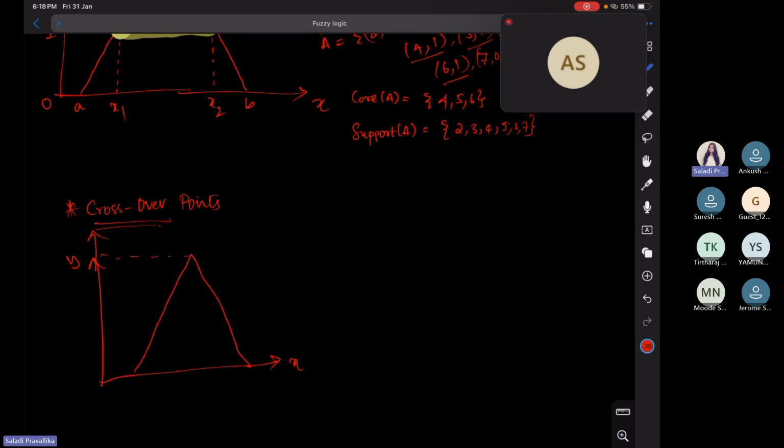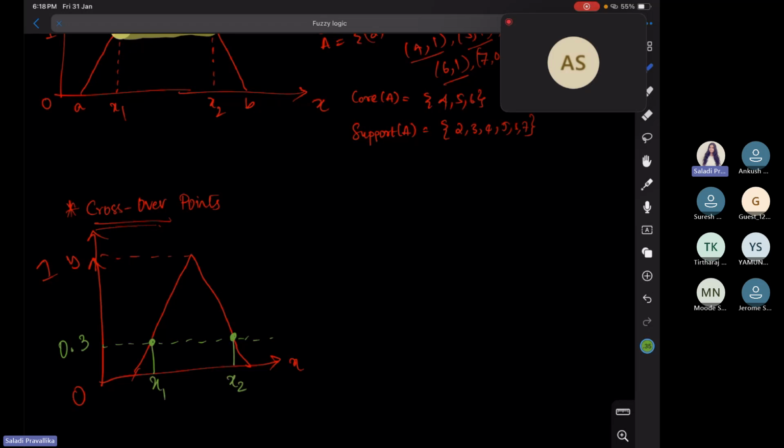The highest peak point is equal to 1, and the lowest is equal to 0. Let us say I want a membership function value of 0.3. Let me draw a line. 0.3 occurs 2 times in this membership function graph, at this point and at this point. Let us call this one x1 and this x2.